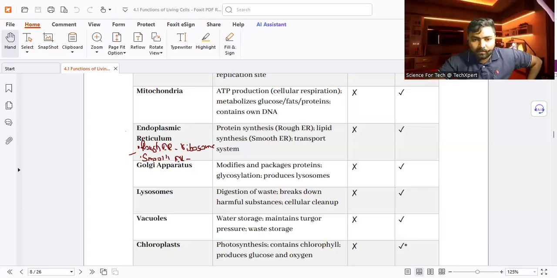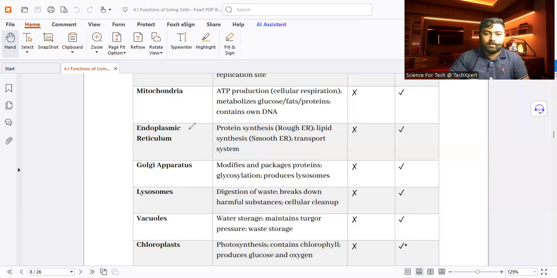Then there is another function of the smooth endoplasmic reticulum. It can also synthesize carbohydrate. Lipid and carbohydrate synthesis. Can you write this? Lipid and carbs.